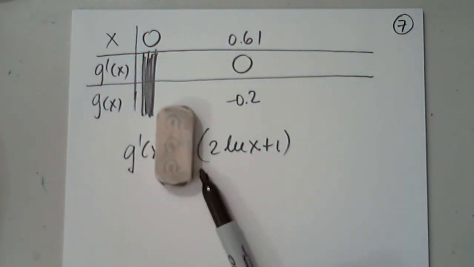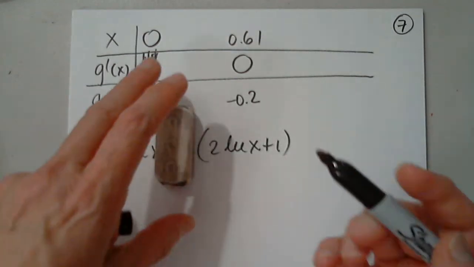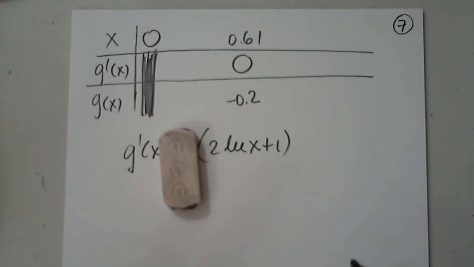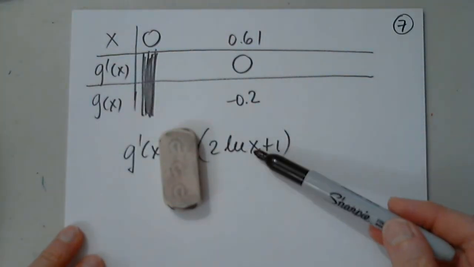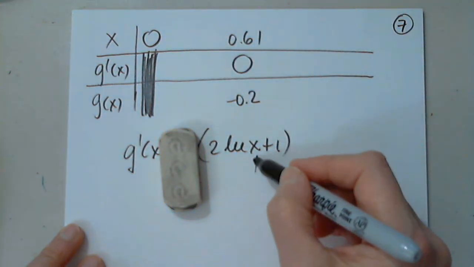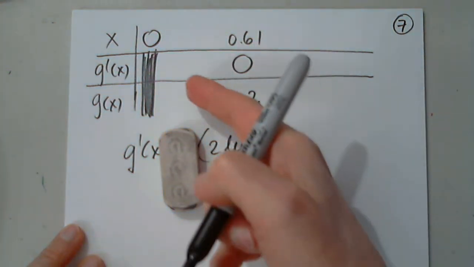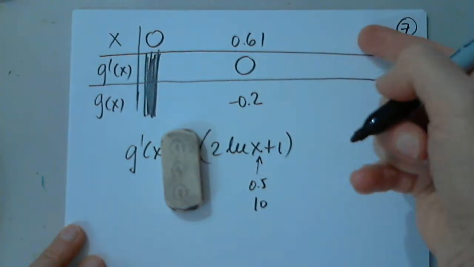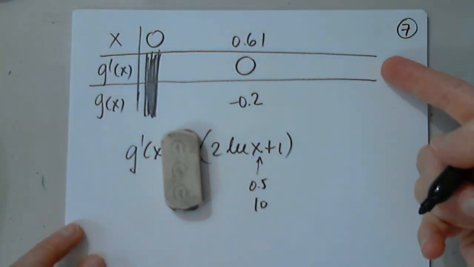It's always positive. Don't waste your time plugging in quantities that are always positive. So I'm going to plug in 0.5, between 0 and 0.61, to see the sign of the derivative. And then I'm going to plug in 10 to see the sign of the derivative here.